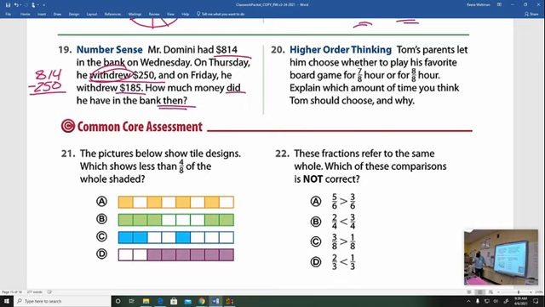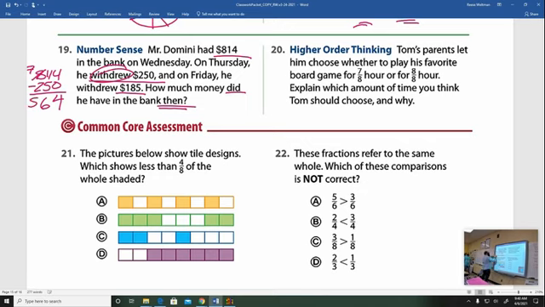What do you think? Let's look at it. 4 minus 0 is 4. We have to borrow from the 8 to make this 11. 11 minus 5 is what? 7 minus 2 is what?